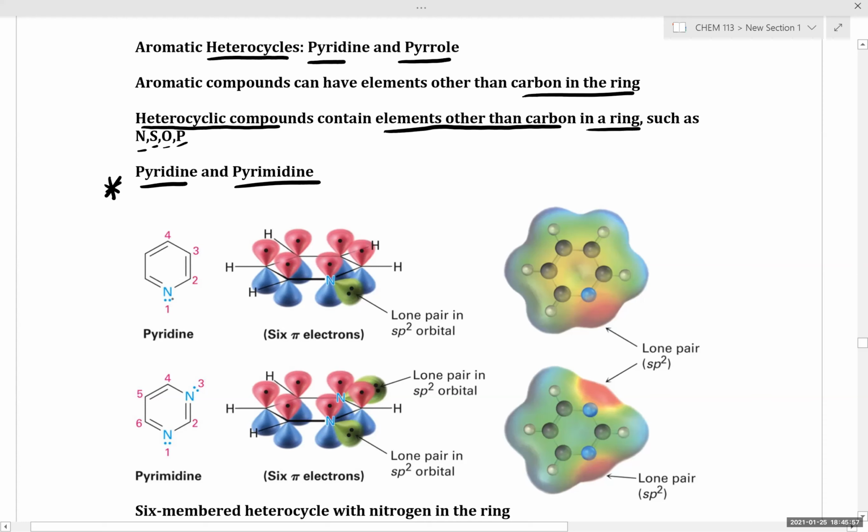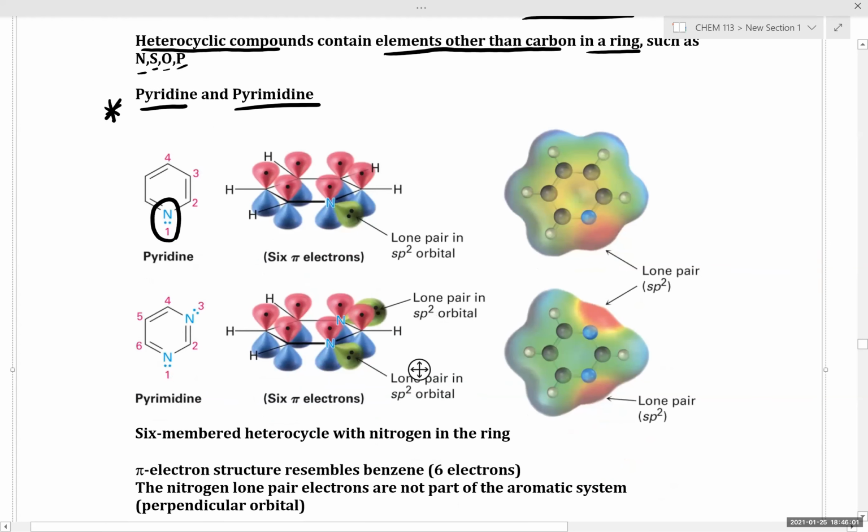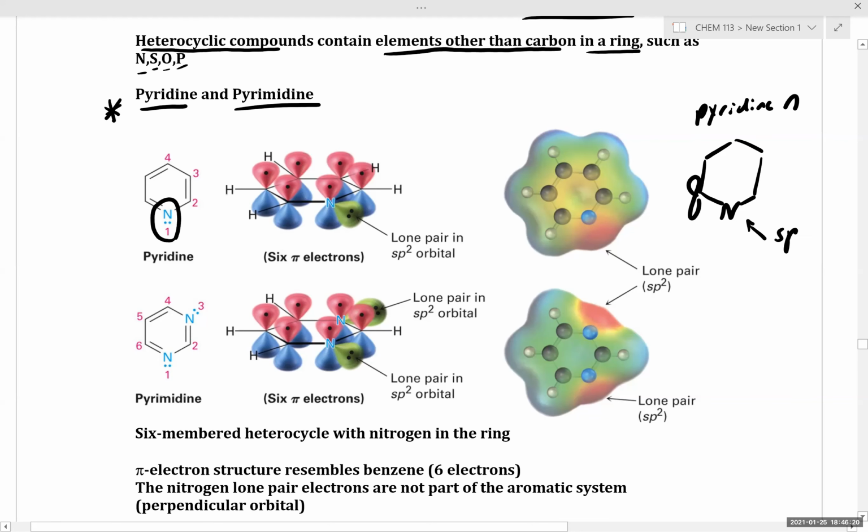As we notice, we have a nitrogen atom in our ring. It's important to consider for a moment this nitrogen atom, which has a textbook name of a pyridine nitrogen. If we think about its hybridization, it's an sp2 hybridized nitrogen with a lone pair.